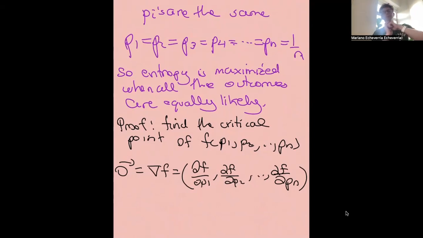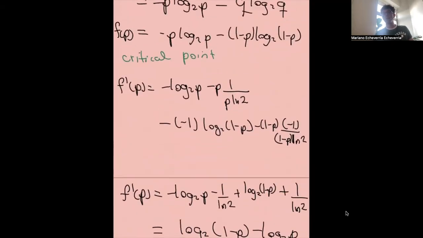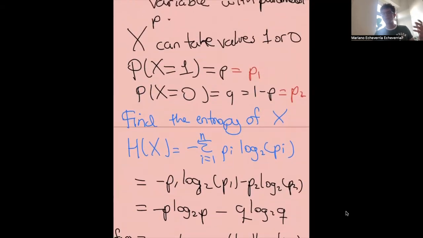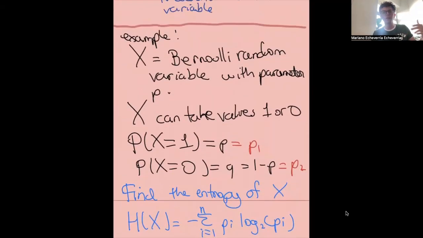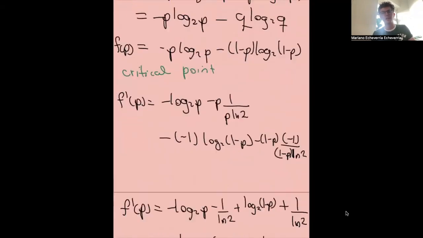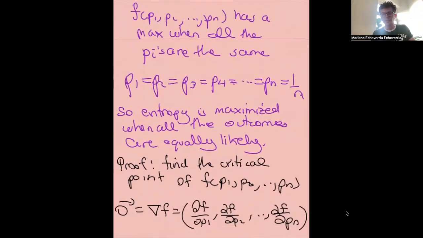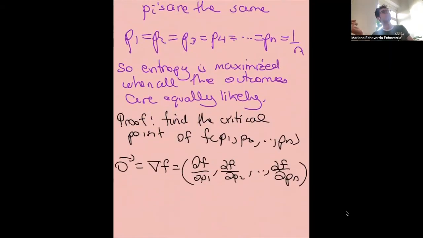Because what is something that must be true about the probabilities? For example, before, P and Q were not independent, right? Because if you knew P, Q was 1 minus P. So P and Q were not 2 separate independent variables. So in this case, it's going to be a Lagrange multiplier problem, correct? Because there's a constraint.